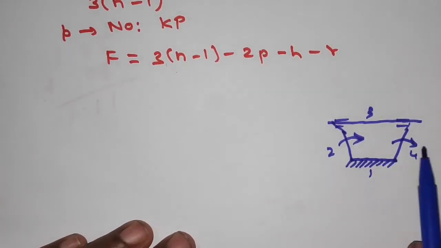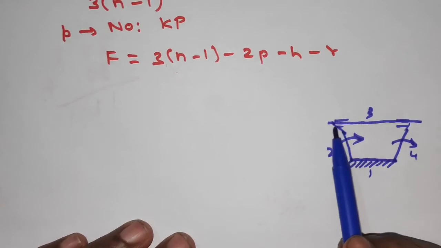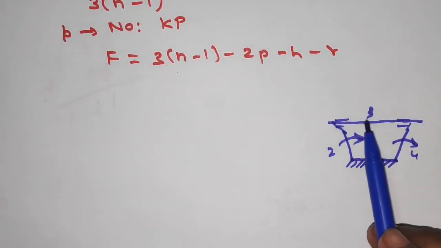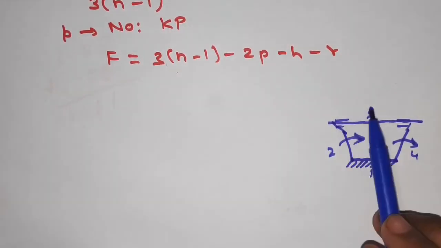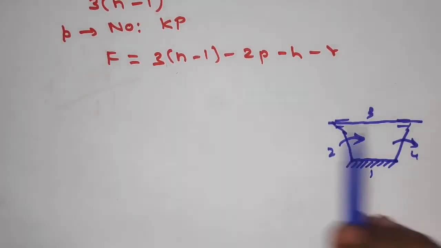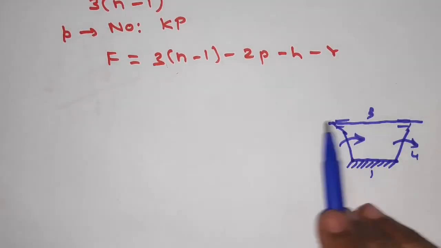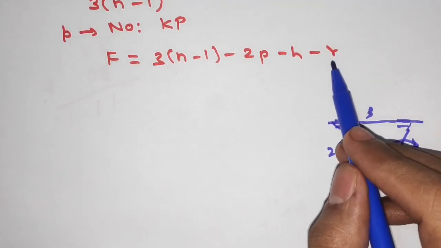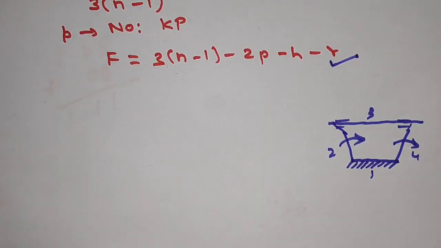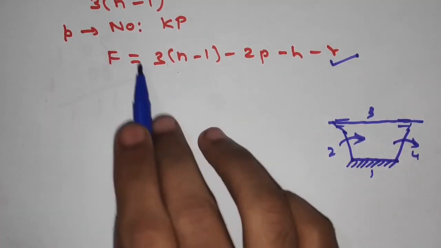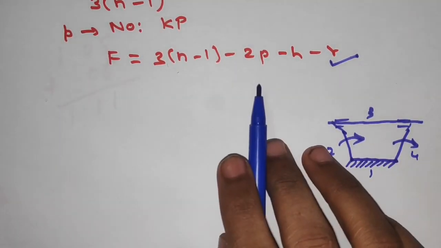When link number 2 and 3 oscillate or move, there won't be any oscillation of link number 4. That is, link number 4 will not have any angular motion, but it will just slide in this slider left and right. So this type of degree of freedom, we call a redundant degree of freedom, and we denote it as R. So using this particular equation, we will see the degree of freedom of any given mechanism.